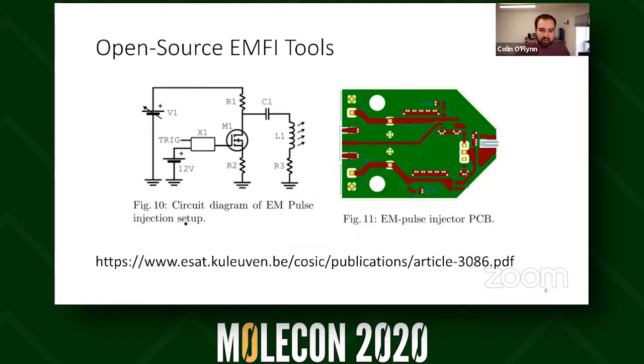What we also have is devices like this. This was from a presentation. Basically what you do is you have a high voltage supply. This is then discharged, so you'd have some capacitors here.